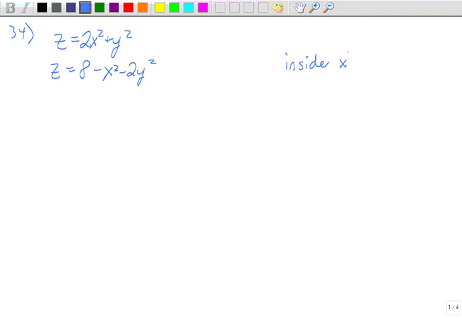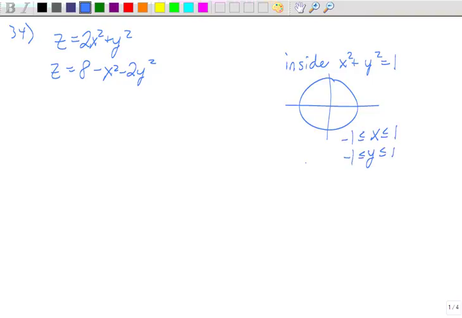Inside x squared plus y squared equals 1. So this is a circle of radius 1. So I have x between 1 and minus 1, and y between 1 and minus 1. So we have to choose which one of these is smaller or larger. So if x is a half and y is a half, you're inside the circle.